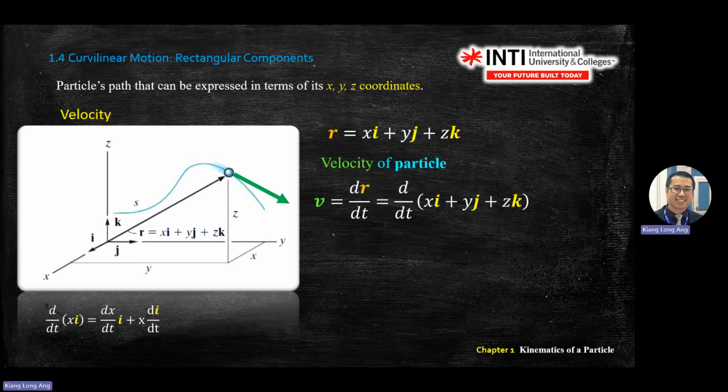Go and study it. If you differentiate xi, x is a constant value or scalar value, and i is the unit vector. So if you differentiate, you need to use the chain rule. There's a chain rule in mathematics. You differentiate this one, then this one, plus pull the remaining something, and then differentiate the other.